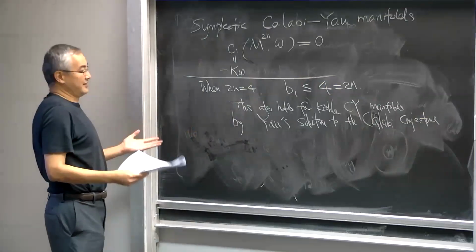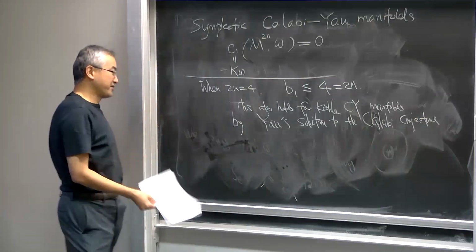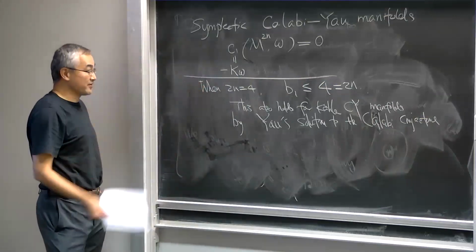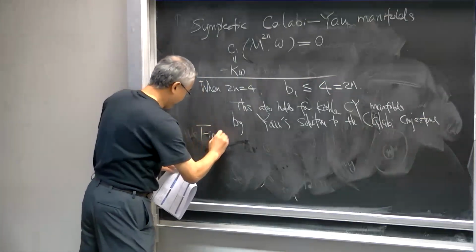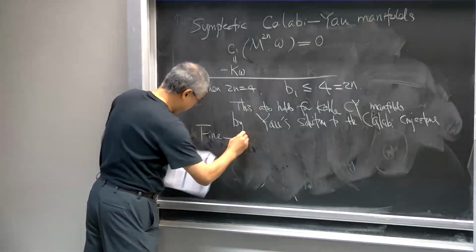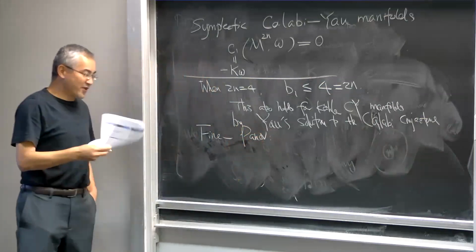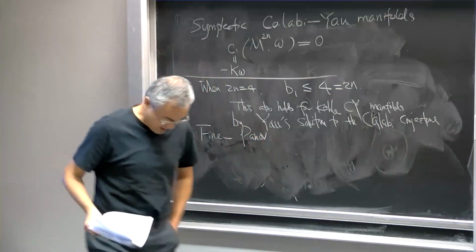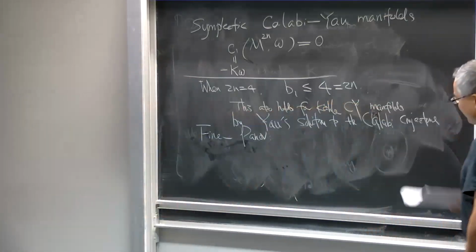So I was hoping that such a bound persists for symplectic Calabi-Yau manifolds in higher dimension. But soon after, Panov came up with some very general constructions of symplectic Calabi-Yau manifolds in dimension 6 and higher.